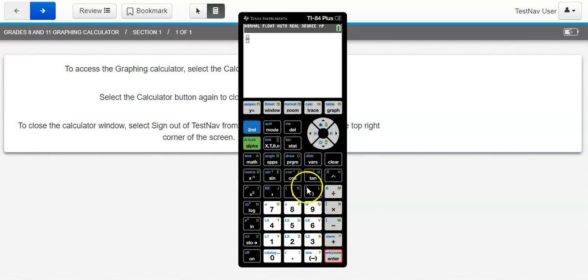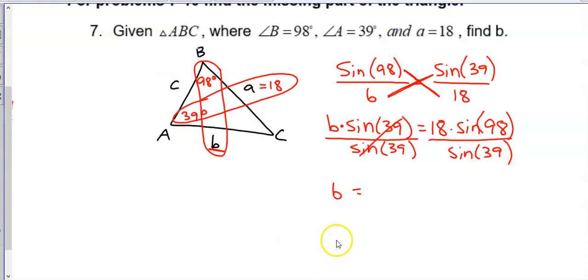So green button, y equals enter. That will pull up your fraction. And then you are just typing in 18 times sine of 98, arrow down, divided by sine 39, and you end up with approximately 28.3.